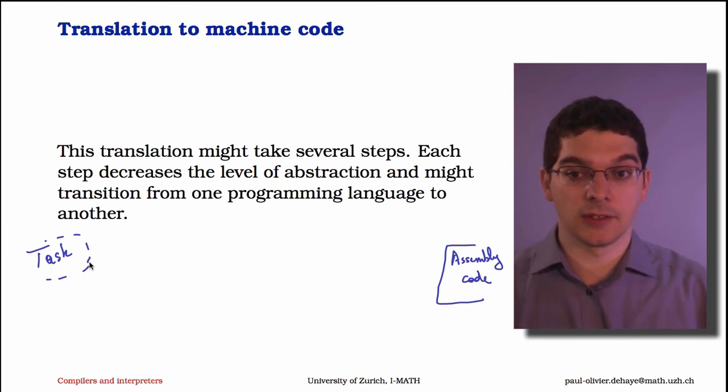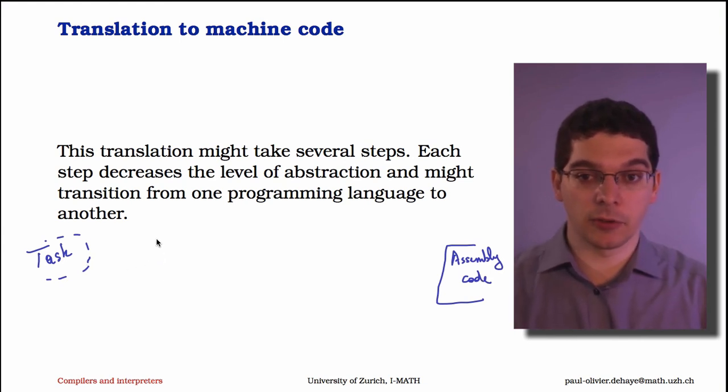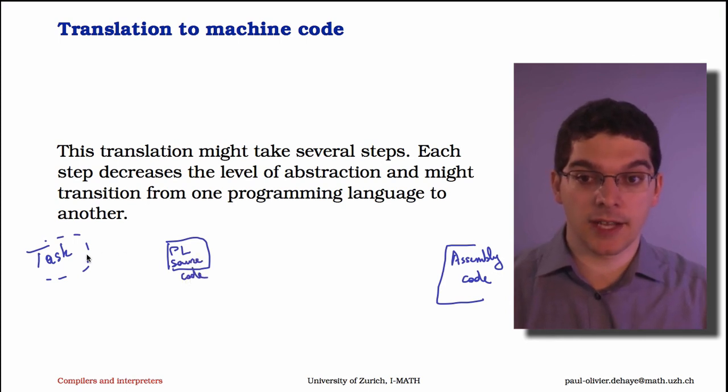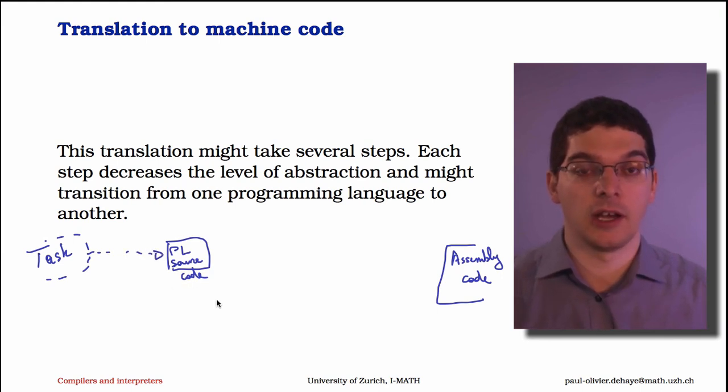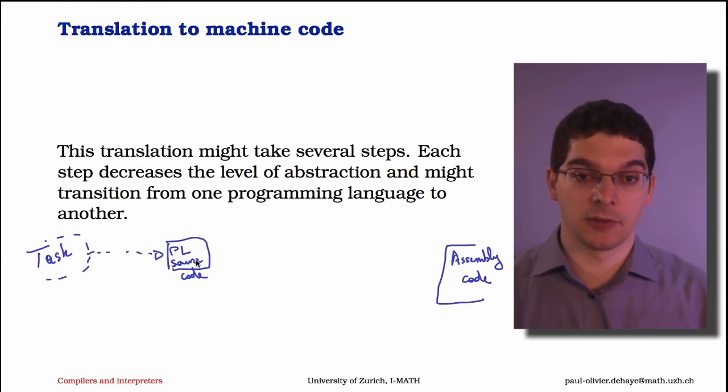And the goal of a programming language was to sit somewhere in between. So we had here a programming language or source code, which is text in that programming language. And the task of programming was to go here all the way to a programming language, to source code. And then there was an automatic translation going all the way to assembly code.